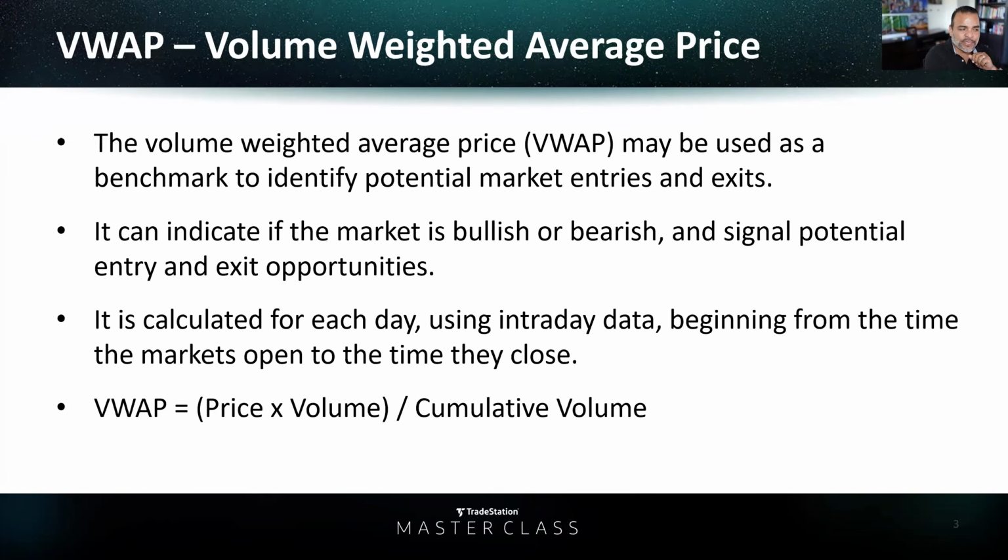So it's not just one price and one volume, it's all the prices that the symbol is trading at times the volume at each one of those prices, the summation of all that, and then we divide that total by the cumulative volume.